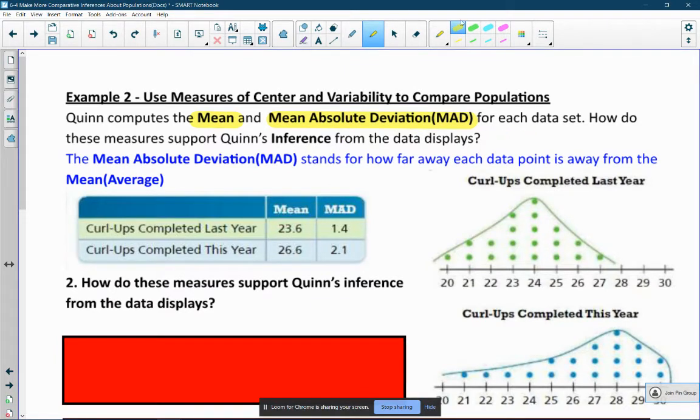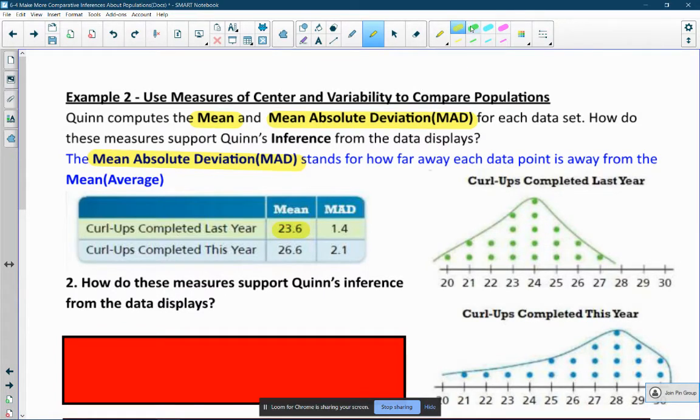So what we need to know is that the mean absolute deviation, or MAD, stands for how far away each data point is from the mean. So let's look at this graph. For the curl-ups completed last year, the mean, or the average amount completed, was 23.6. So the students completed, on average, 23.6 curl-ups.